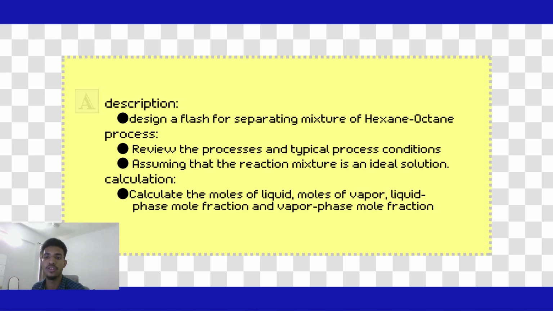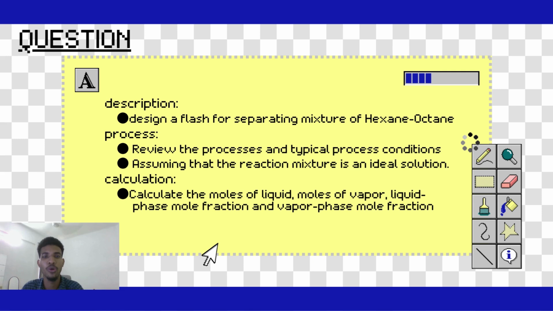So, our goal in this project is to design a flash to separate the mixture of hexane and octane by using their difference of boiling points. Firstly, we need to review the process and the typical process conditions, like the overall composition, operating temperature and operating pressure.